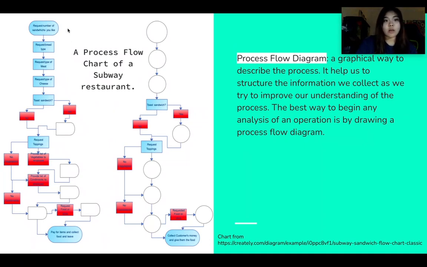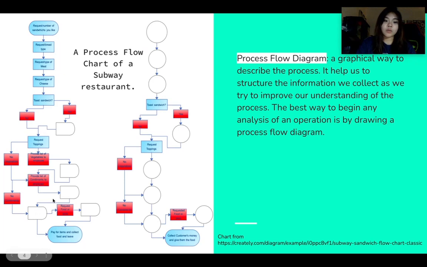They start off asking the number of sandwiches that they would like, and then they ask for the preference of bread, the cheese that the customer desires, and whether they want their sandwich toasted or not. Whether the customer says yes or no, they go on to asking for the toppings, and then whether you want a list of vegetables or not, and they ask you for the condiments too.